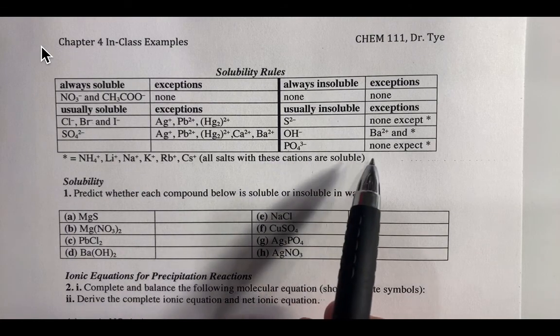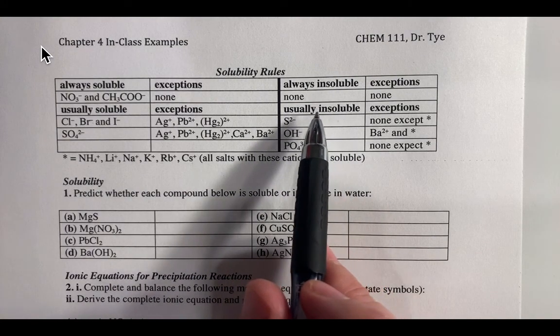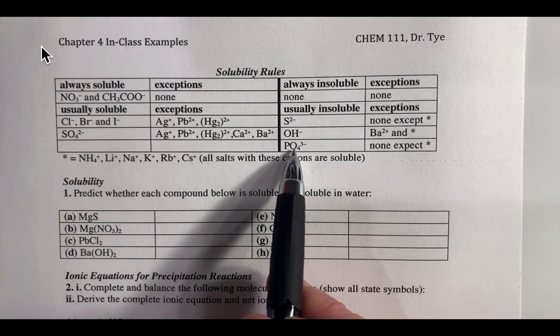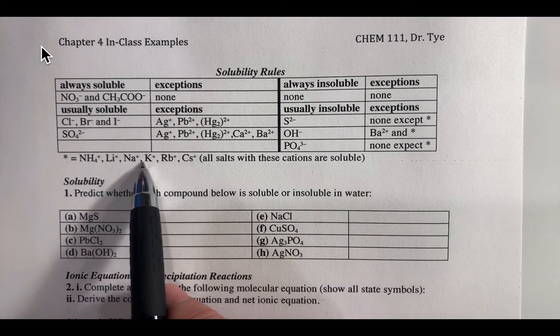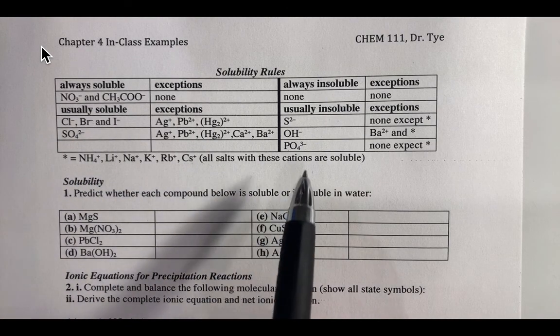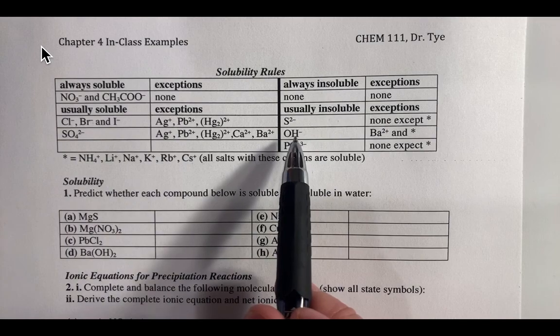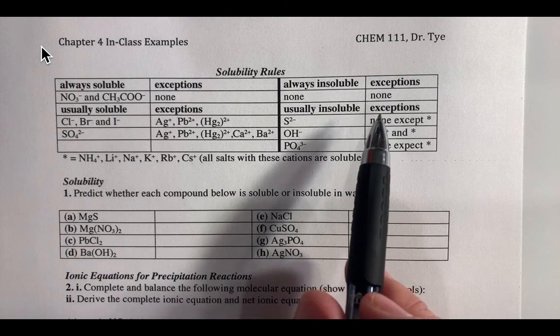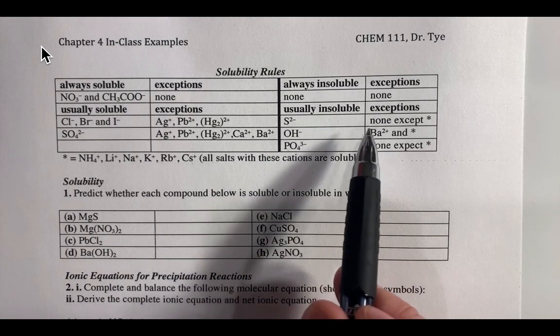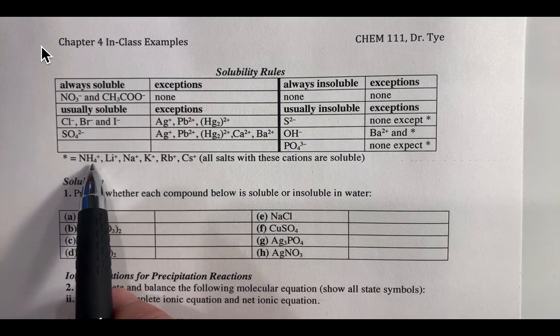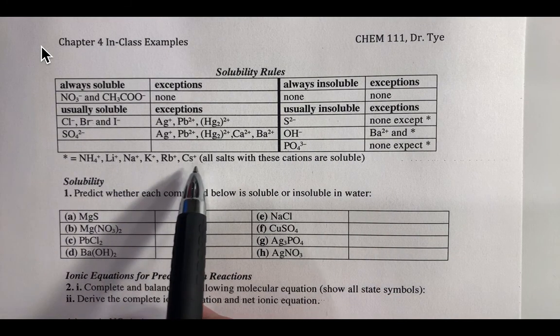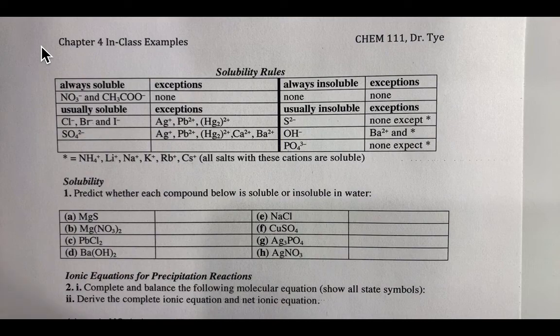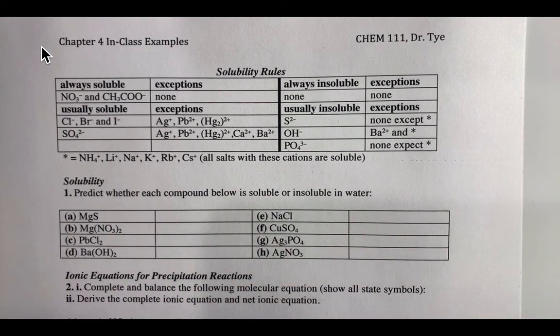With phosphate, they're usually insoluble, so the vast majority of the periodic table, when it's with phosphate, is insoluble, except for these exceptions again, ammonium and the alkali metals. For hydroxide, there's very few exceptions, except for barium, and then these usual suspects again, ammonium and the lithium, sodium, potassium, rubidium, cesium, the alkali metals.